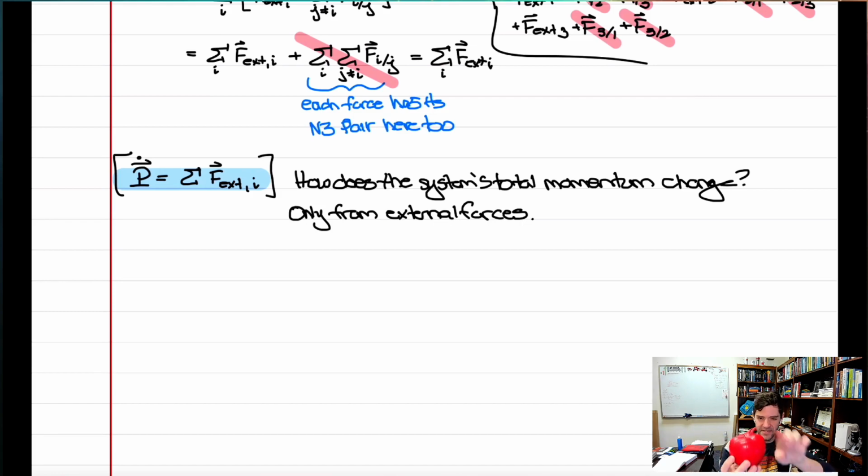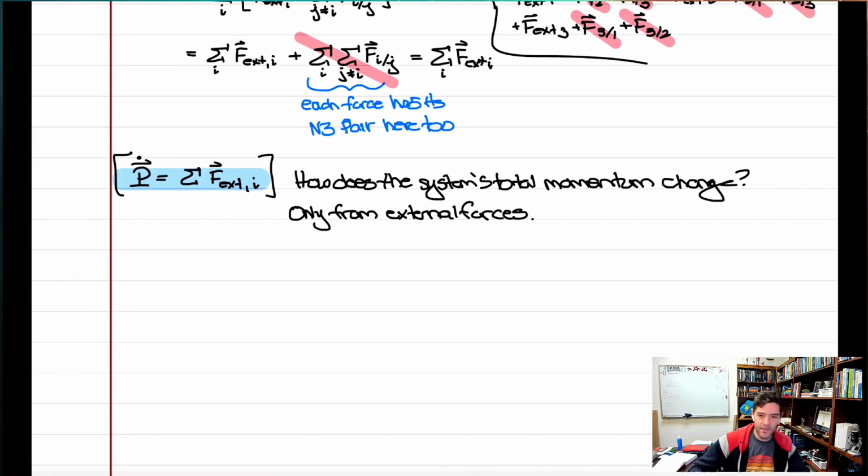If my system is this apple, there are trillions and trillions of little interactions going on inside this apple with all the individual protons, neutrons, electrons, molecular bonds and such. That overall, though, does not change the total momentum of the entire apple. When I flick the apple, I can change the momentum of the apple. As I act from external to my system, which in this case is the apple, I can change the overall momentum of the apple.